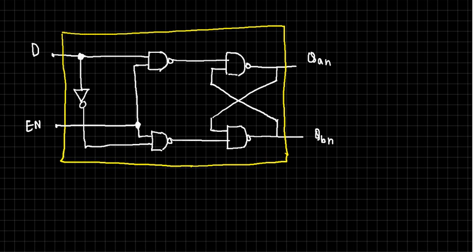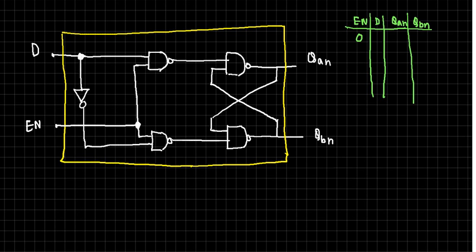When enable is 0, let's prepare the characteristic table for this. Only two inputs are there, enable and D, with outputs QA and QB. Enable pin, let it be 0. What happens when it is 0?